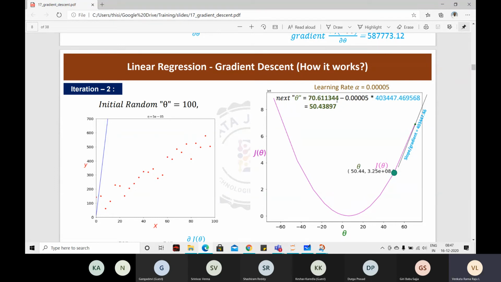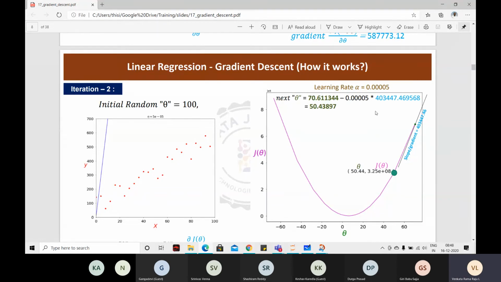The slope is actually 4,03,400, whatever. If you subtract a 4 lakh number from 70, what happens? This theta will go somewhere on that side, and then the dot is going to go very high up. Do you agree?